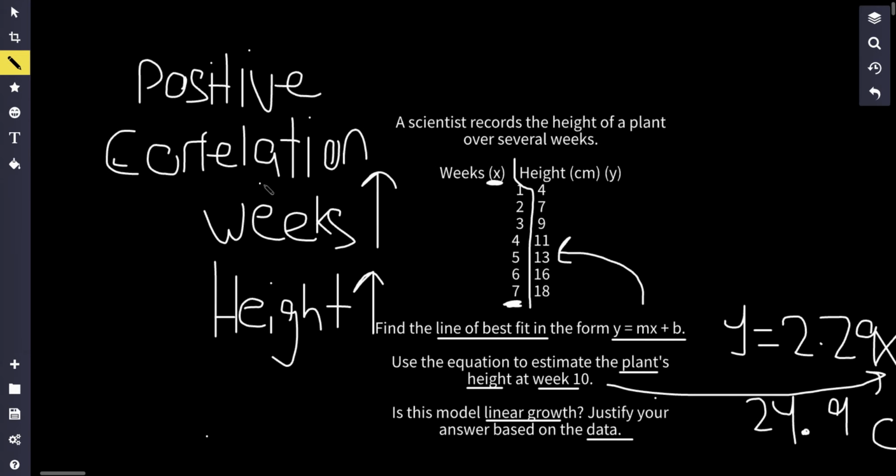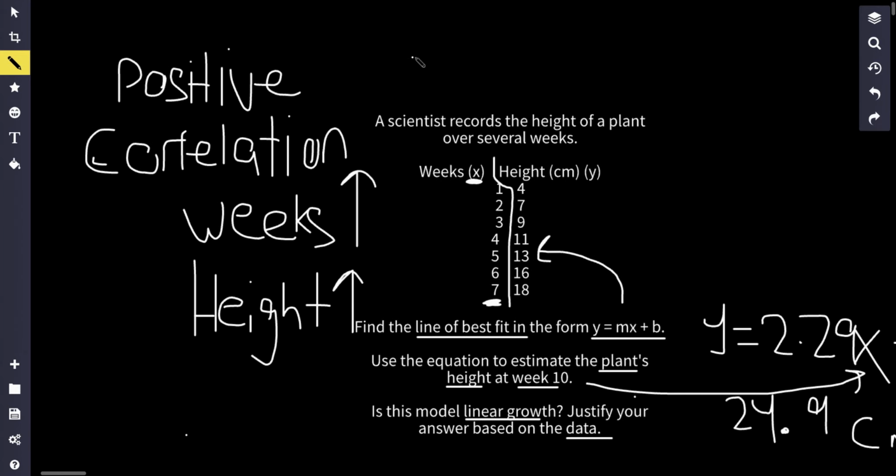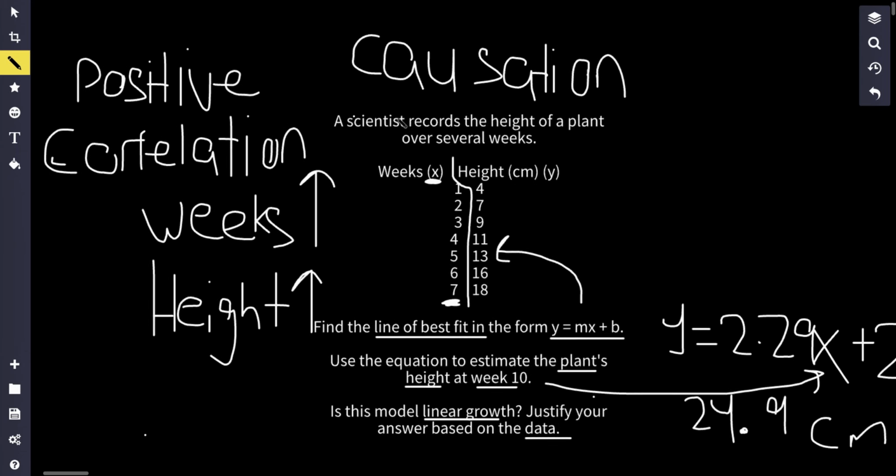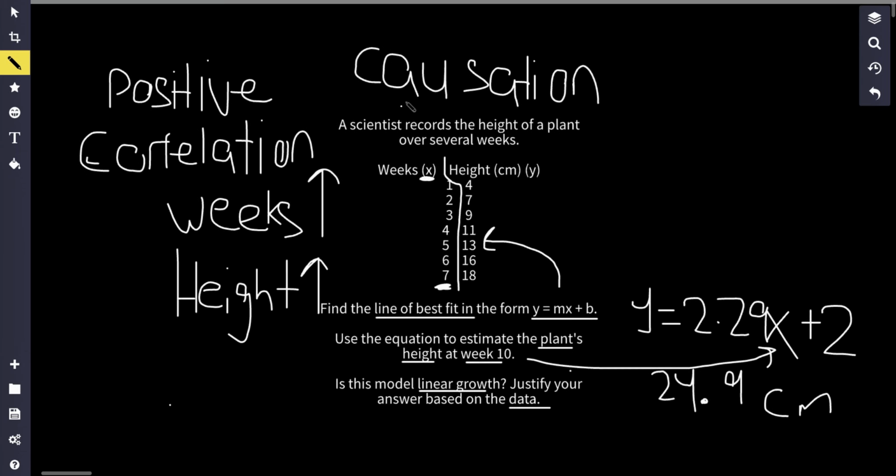However, you have to know that there's a difference between a correlation and a causation. So think about it like this. Let's say I give this statement: did you know that 100% of people who drink water die? That's a true statement, right? But does that mean that water causes people to die? No. So there's a difference between causation and correlation.